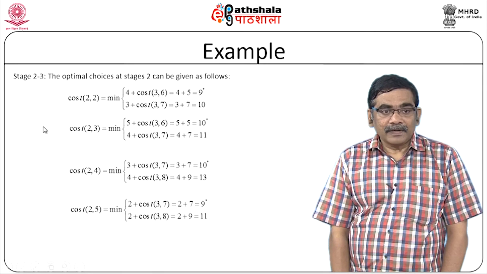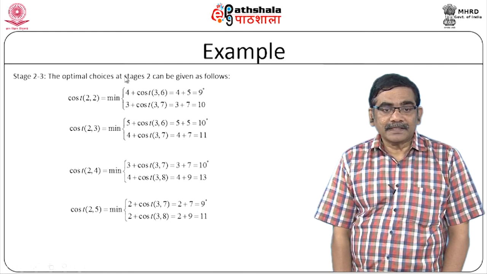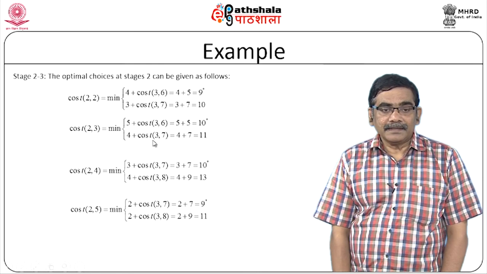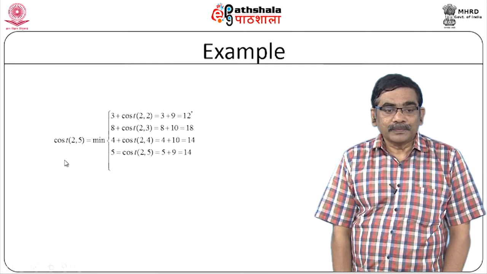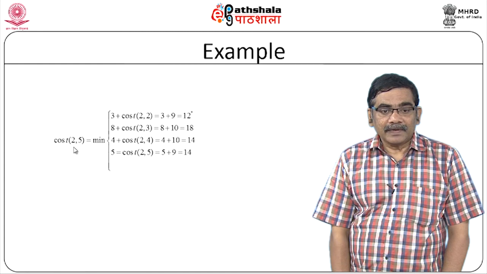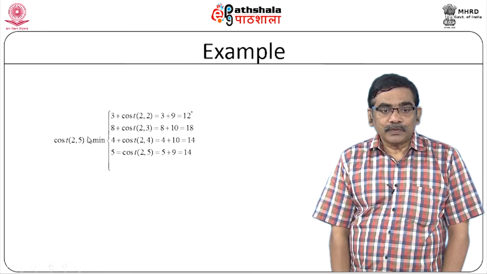So, next I will go to stage 2. So, that means I have to find the optimal choices at stage 2. So, you can see the computations, then finally I will come to stage 1. So, now you can see very well it is going to be 3 plus cost of 2 comma 2. So, your source is going to be in stage 1.